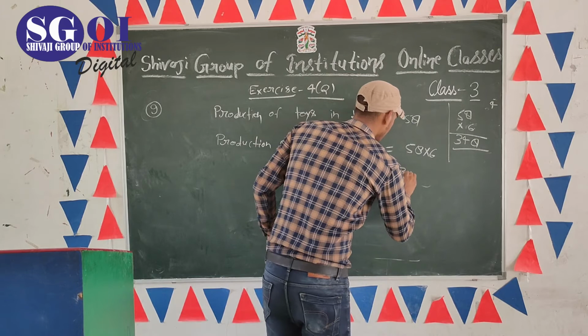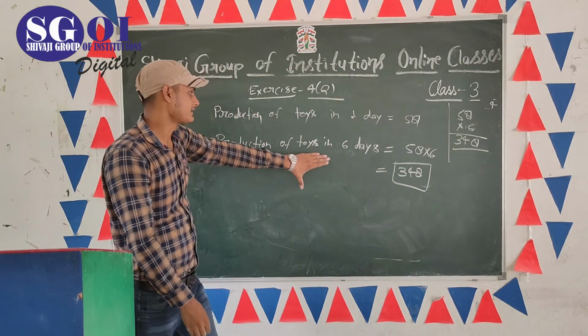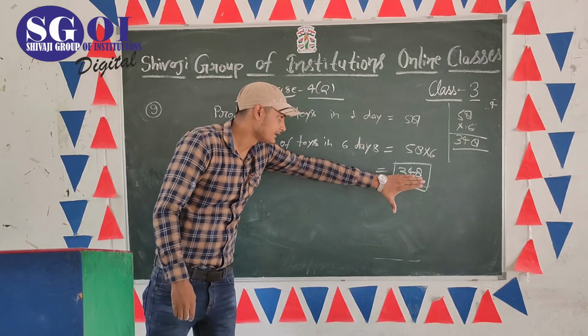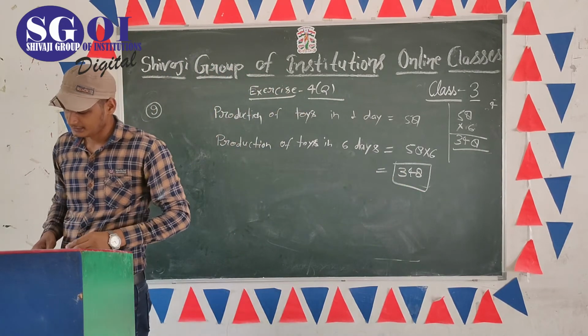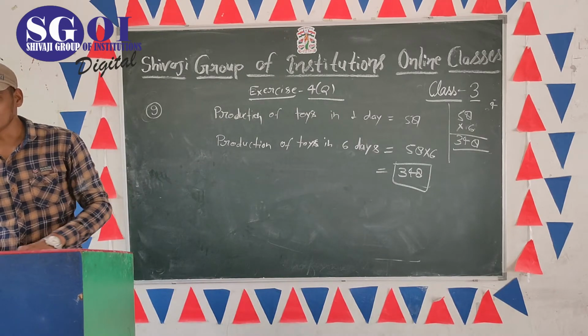And the answer is 348. Production of toys in 6 days is equal to 348. It means 348 toys can be made in 6 days.